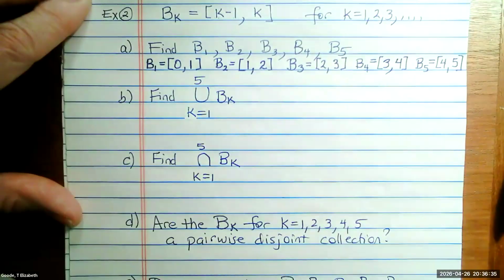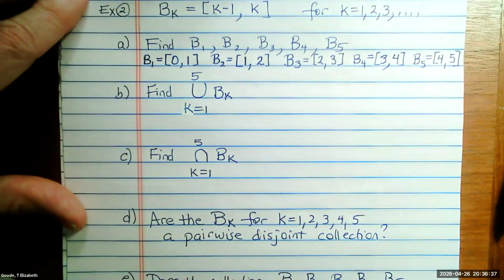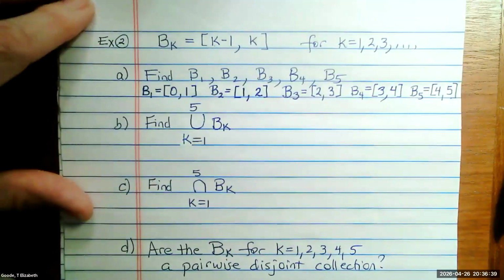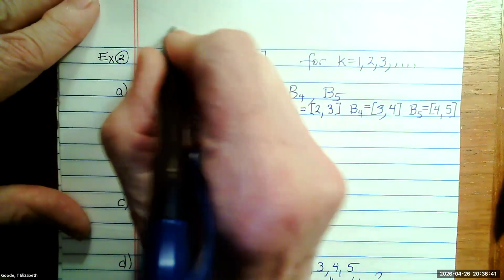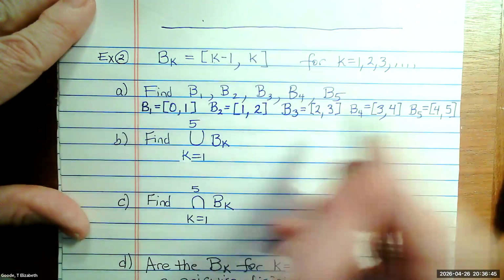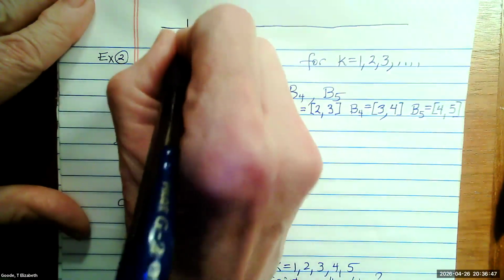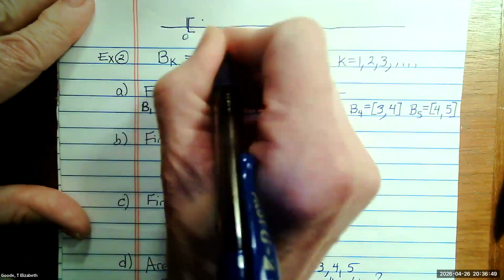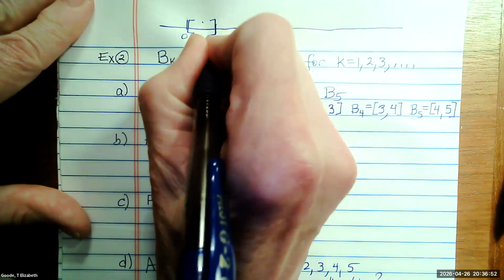All right, we just fit them in there. So we could draw a picture of these. It never hurts to draw a picture. B1 starts at 0 and includes 0 and goes to 1 and includes 1.